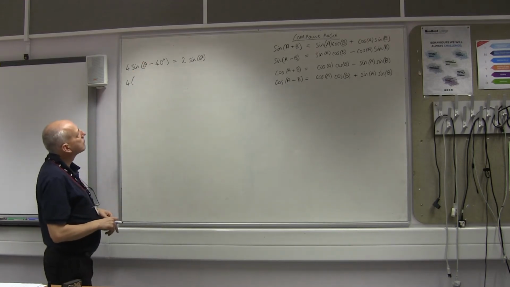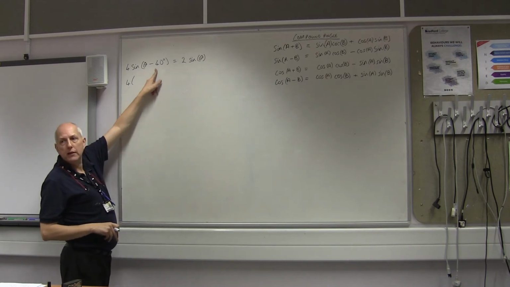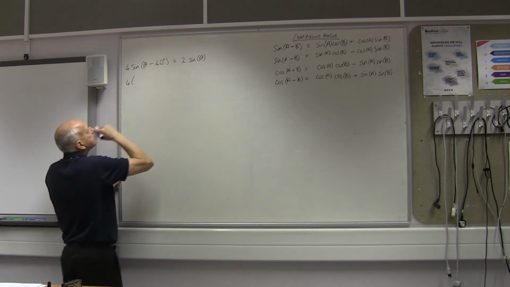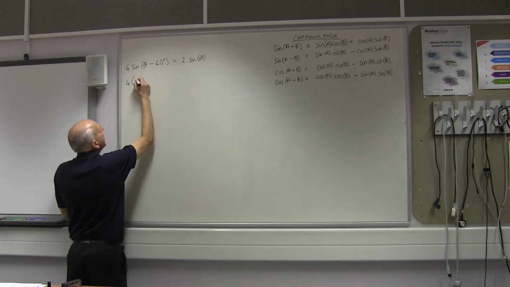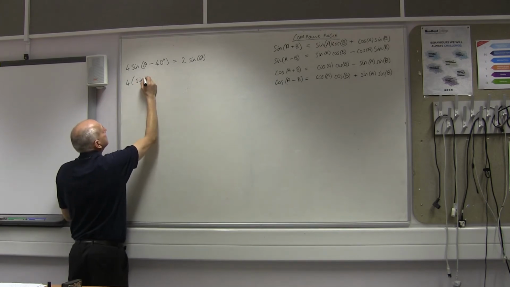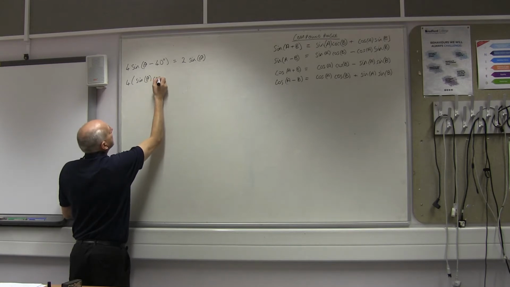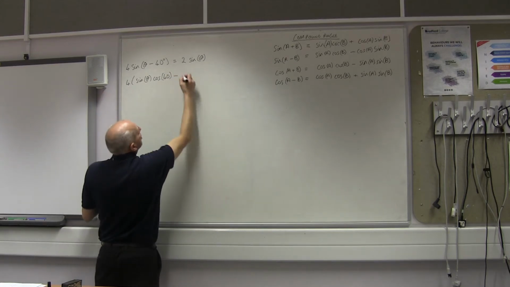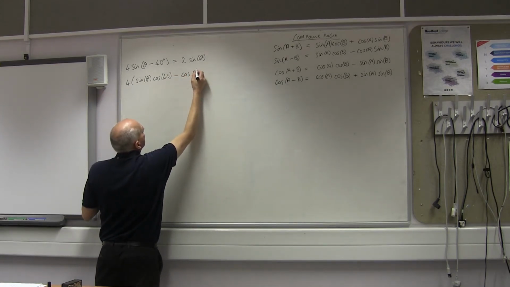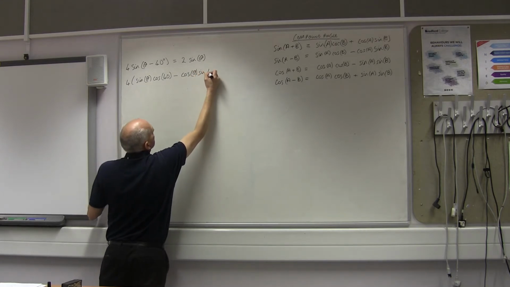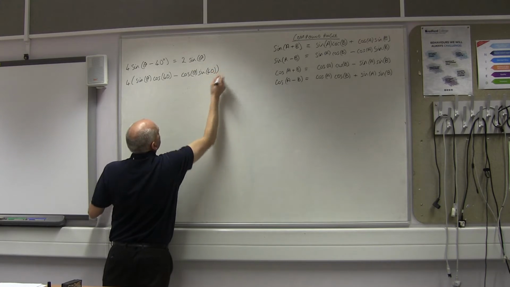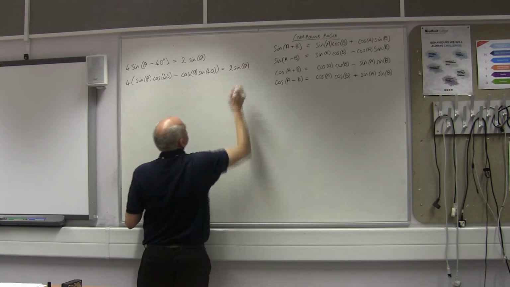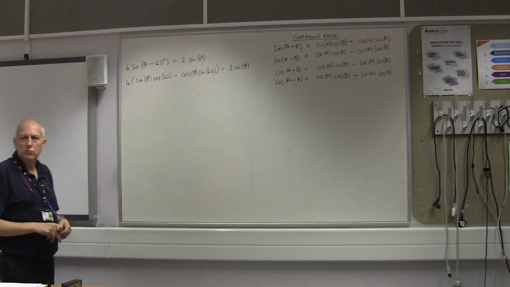The first term's A, the second one's B. So sine A becomes sine theta times cosine 40 degrees, minus cosine A times sine 40 degrees. Close bracket, and that equals 2 sine theta. Obviously nothing to do on the right hand side, that speaks for itself.